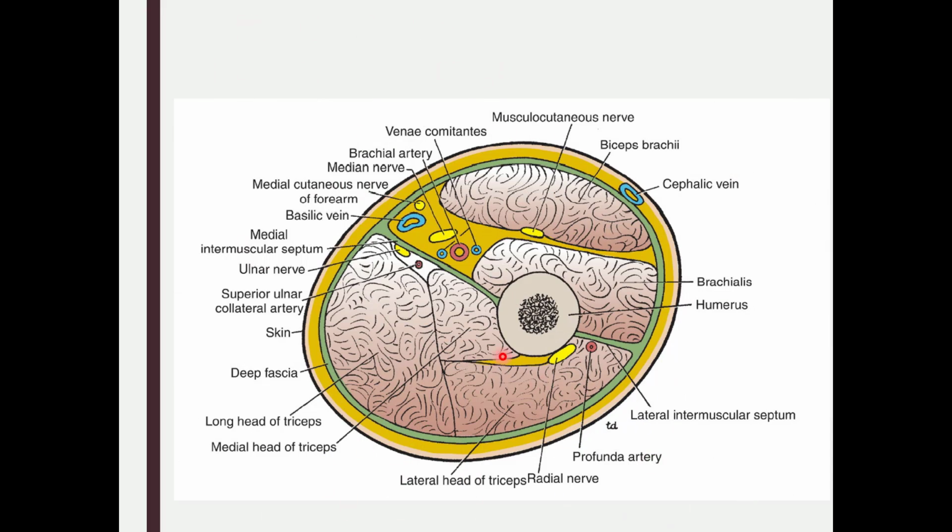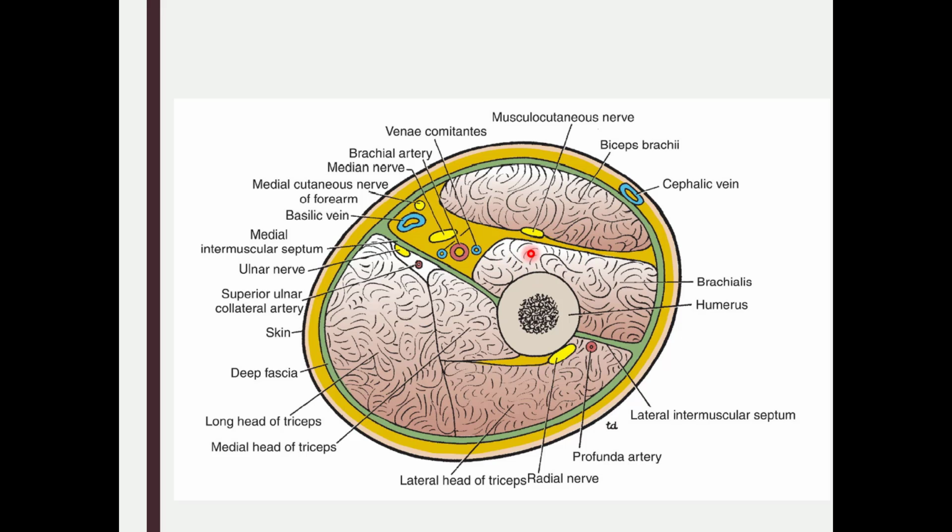See here in this diagram, this is the humerus bone, this is the lateral intermuscular septum, and this is the medial intermuscular septum. This is the deep fascia. So the medial and the lateral intermuscular septa come out from the deep fascia and are attached to the medial supracondylar ridge and the lateral supracondylar ridge of the humerus, and they divide the whole of the upper arm or the brachium into the anterior compartment.